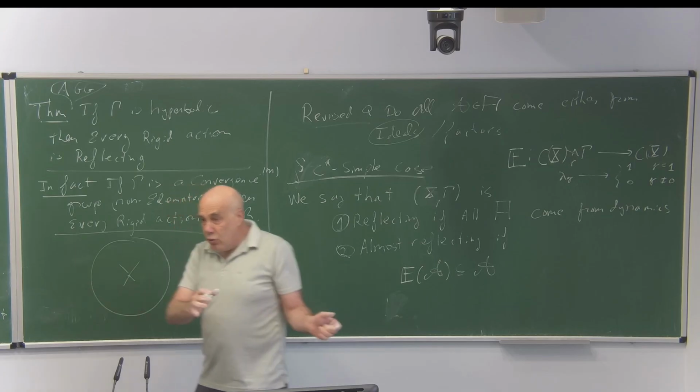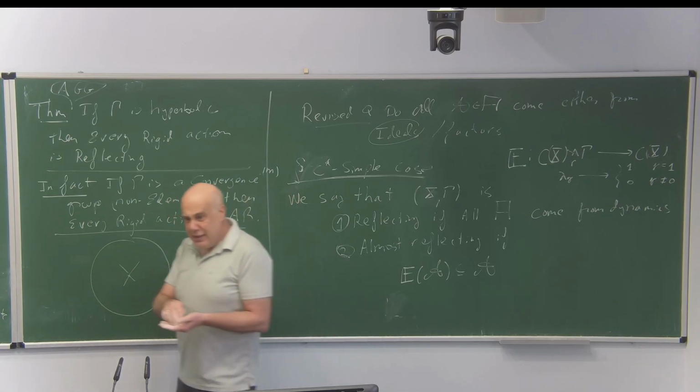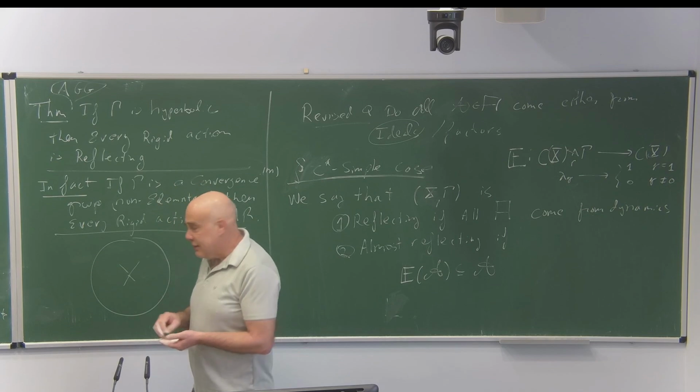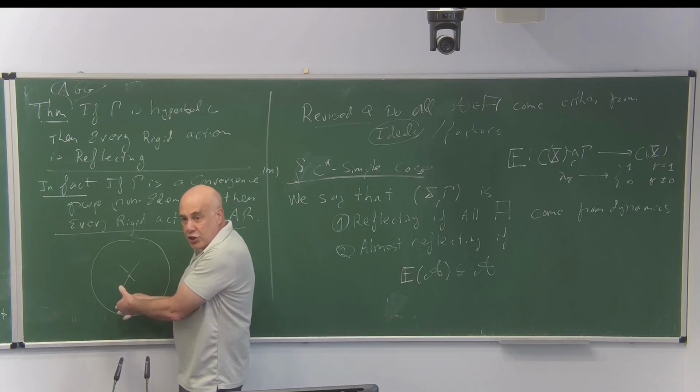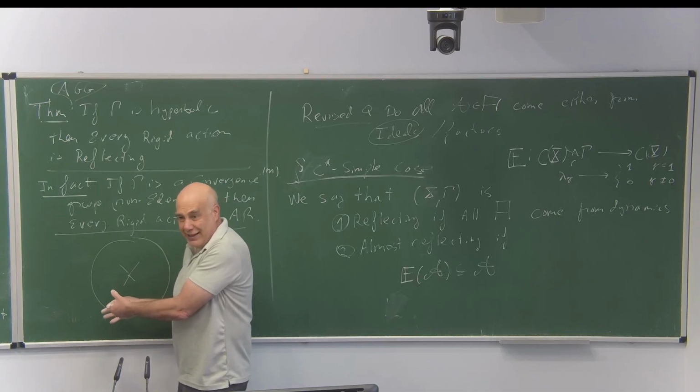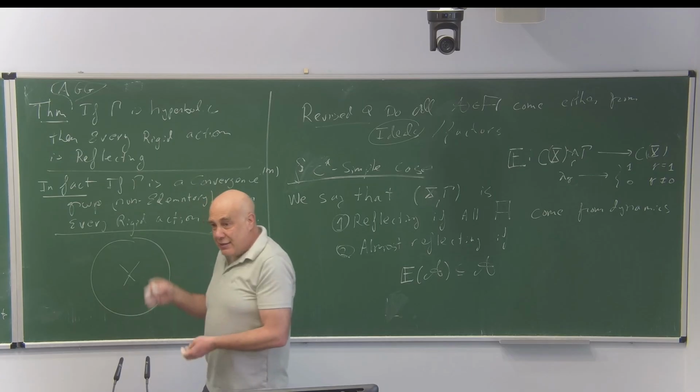And the other school, I think maybe initiated by Bowditch, is considering just the topological dynamics of the group action on its Gromov boundary. And then you can axiomatize it.